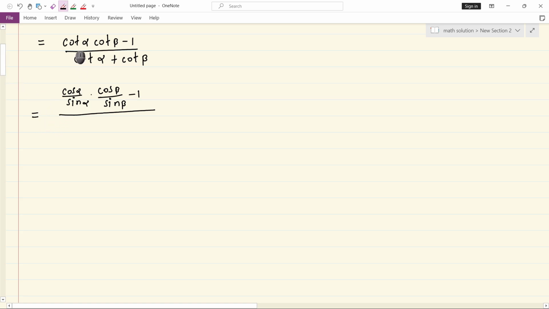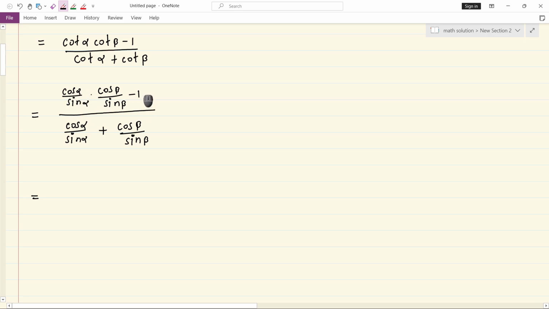Same thing we will do in numerator and denominator also. We have not done anything complex till here. Now let's solve numerator first and then denominator.